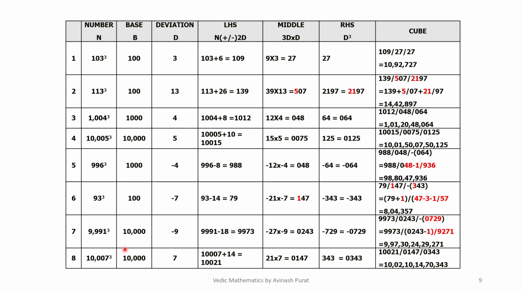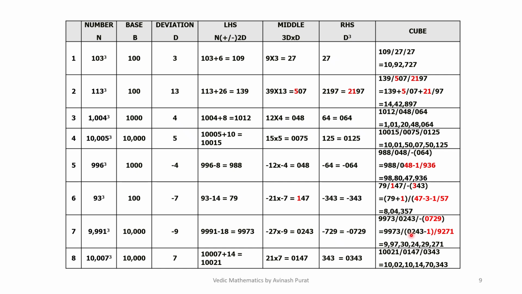Seventh example, 9991 cube, that is base is 10,000, deviation is minus 9. So LHS is 9991 minus 18, that is equal to 9973. Middle term is minus 27 into minus 9 equal to plus 0243, and RHS is minus 729, that is minus 0729.